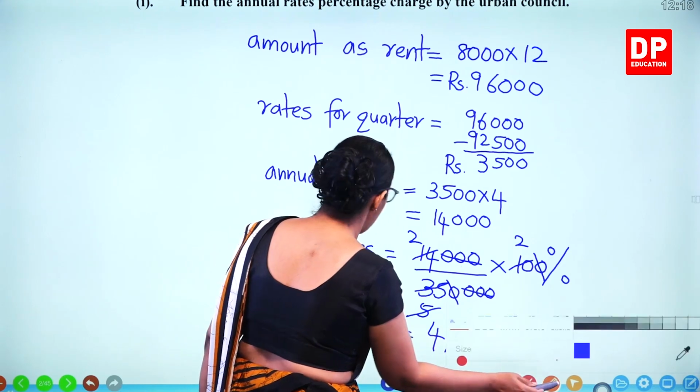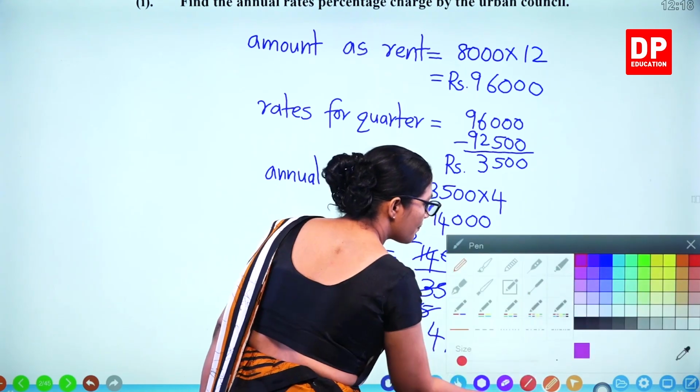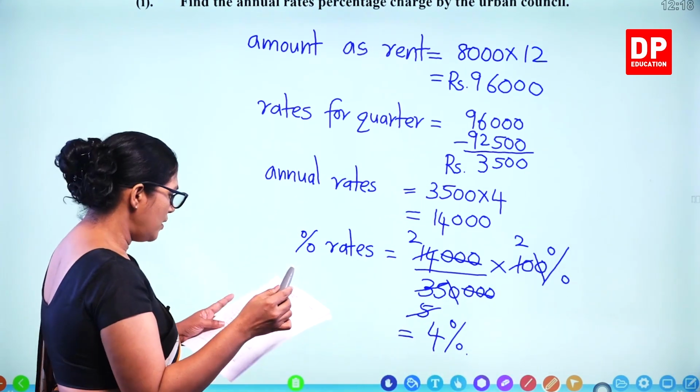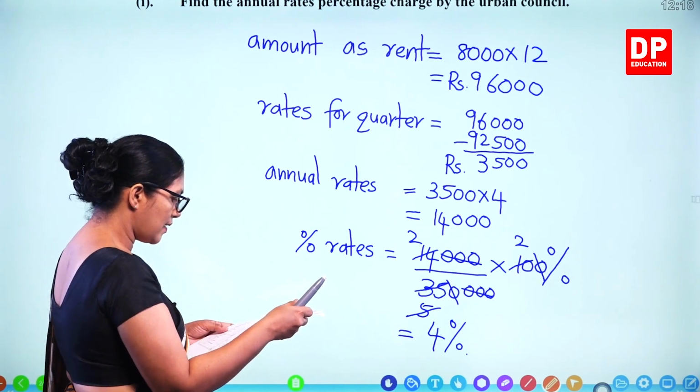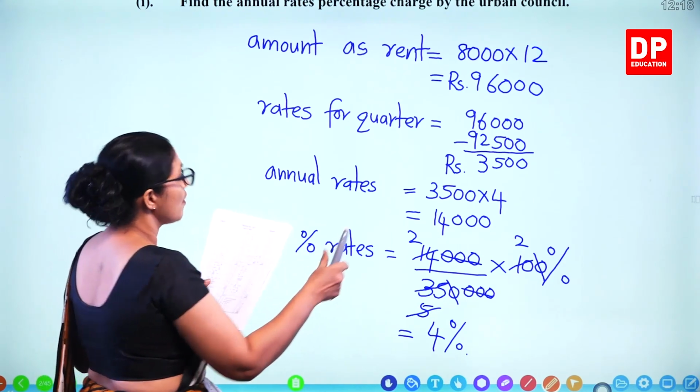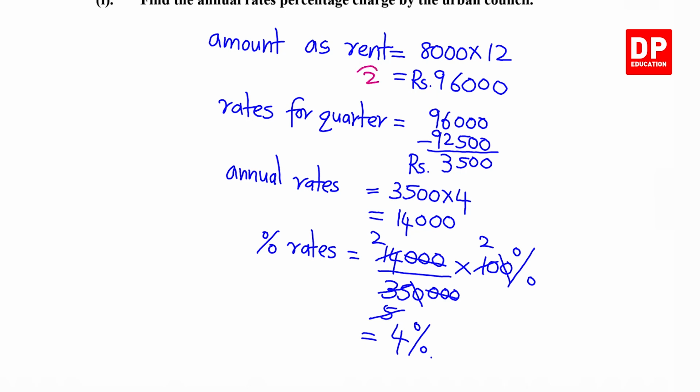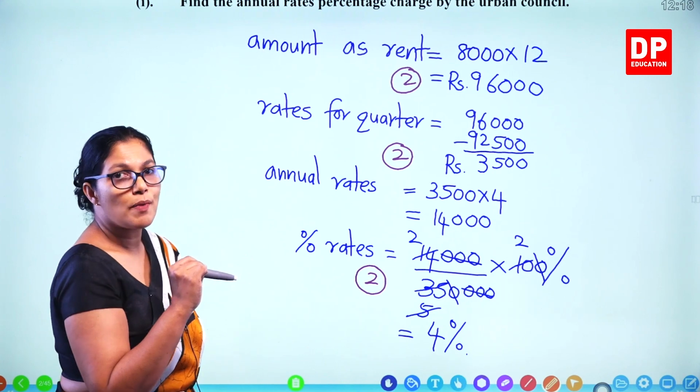So that's the percentage rates. So how many marks for this one? You are getting 6 marks for that: 2 marks for this, 2 marks for finding 3,500, and 2 marks for this. So altogether 6 marks for that.